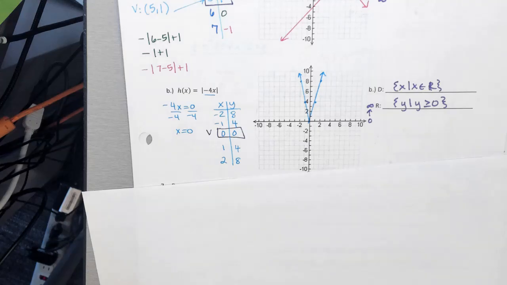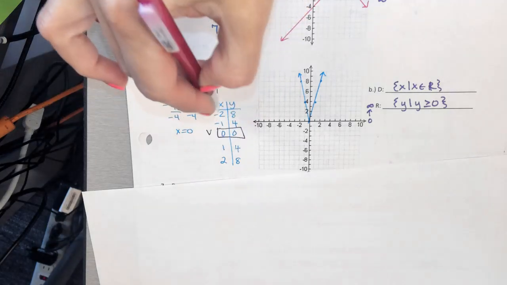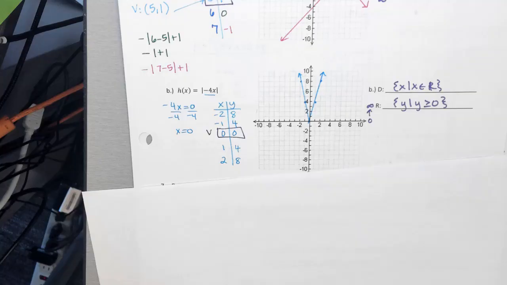Make sure when you plug it in, these should be symmetric. Okay, so if they're not symmetric, then that should let you know you didn't find the center or you're plugging something in incorrectly. And then again, it's all real numbers for your domain. Your range, all of your points are above 0, so y is greater than or equal to 0.